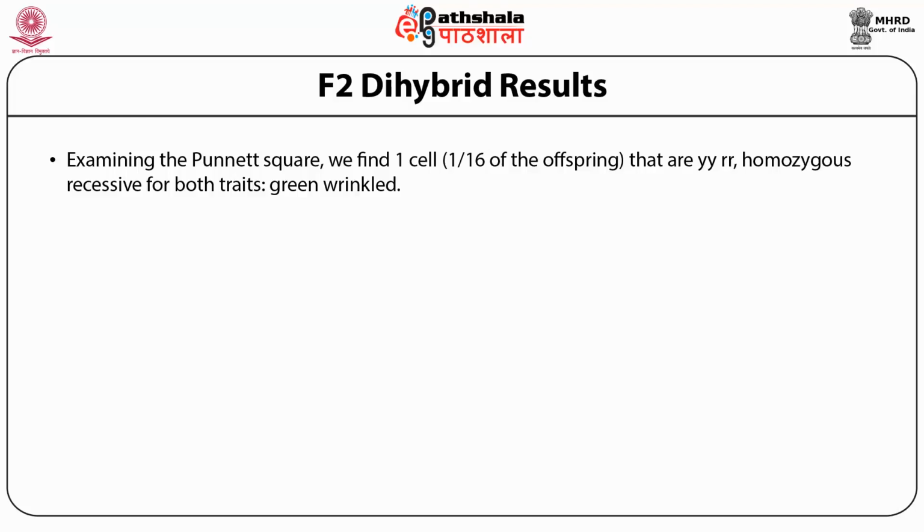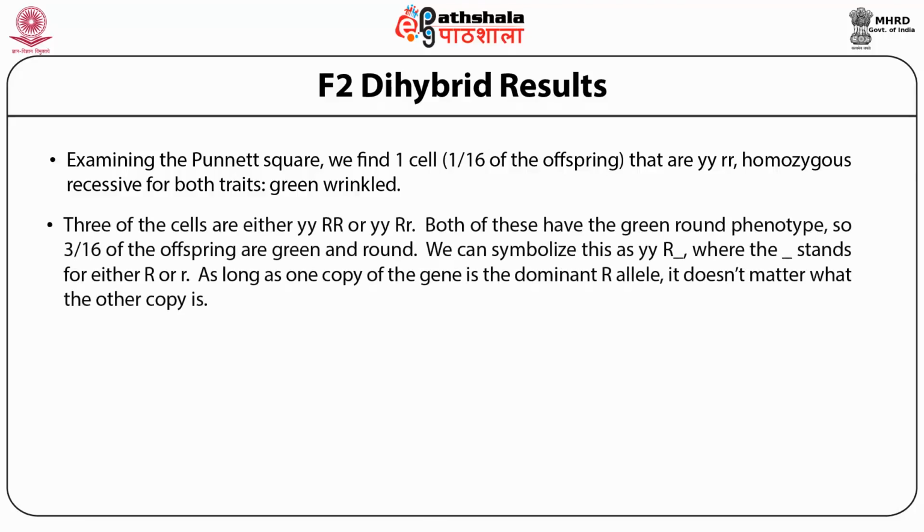This is green wrinkled. 3 of the cells are either small yy, capital RR, or small yy, capital Rr. Both of these have the green round phenotype. So 3/16 of the offspring are green and round.